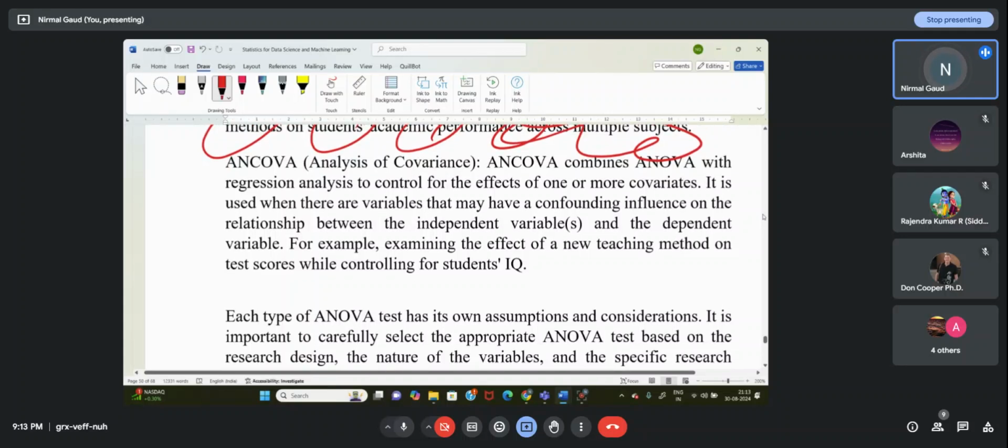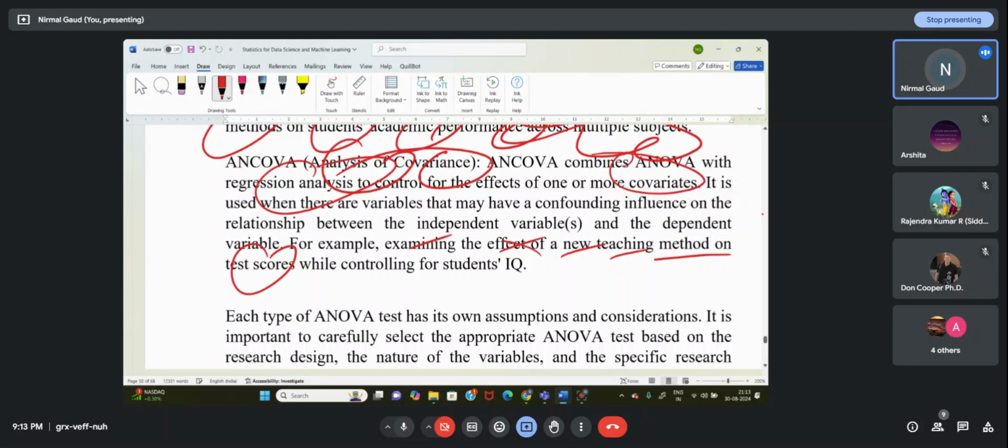Then I am having ANCOVA, analysis of covariance. It combines ANOVA with regression analysis to control the effect of one or more covariates. For example, examine the effect of a new teaching method on test score while controlling for student IQ.